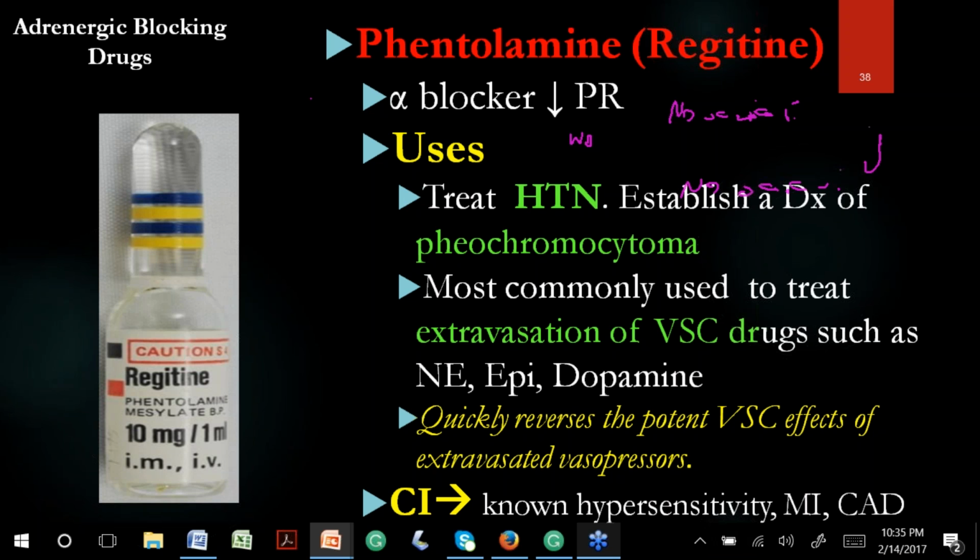When this substance spreads into the tissue, especially connective tissue like fat and muscle, it can produce vasoconstriction, ischemia, and necrosis. So phentolamine is going to be used for that, okay? And pheochromocytoma, don't forget about that, okay?